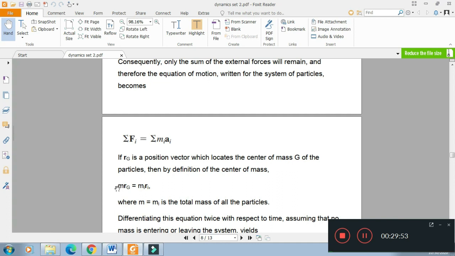M is the total mass of the object and Rg is the position vector to the center of mass. mi is the mass of the particle and ri is the position vector. So if we sum all the mi ri, it will result in mRg, because some particles will be at a greater distance than Rg, some particles will be at a lesser distance than Rg. So cumulatively we will get mRg equal to summation mi ri.